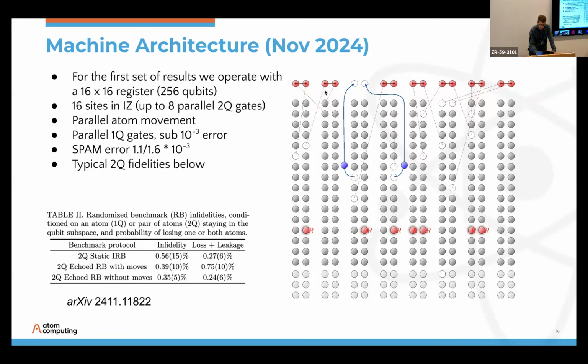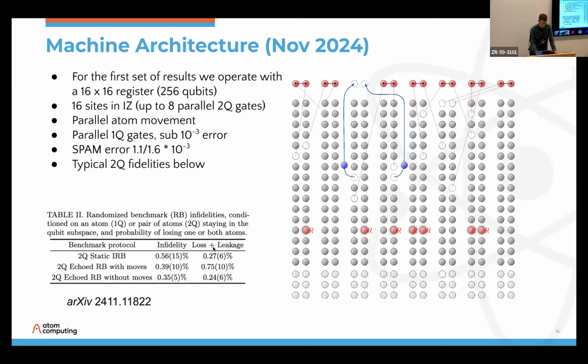Sorry, I'll use the cursor so people online can see it. 8 interaction pairs here, where atoms are moved by optical tweezers up into these sites. They're physically close enough to each other that the Rydberg interactions can do 2 qubit gates. You can do all 8 pairs at a time, so there's some parallelism there. There's also a certain amount of parallelism in terms of which atoms you can move at one time and what 2 qubit gates you can do at one time.